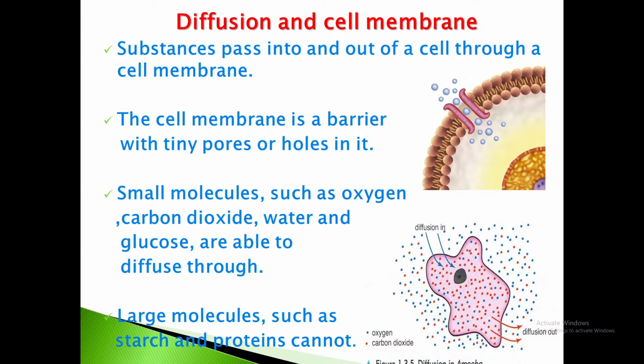So in terms of substances entering and of course leaving the cell, they need to go through the cell membrane, because the cell membrane is the boundary of the cell. So anything that needs to leave the cell, or anything that needs to enter the cell, has to cross the cell membrane, and that is what you're looking at.